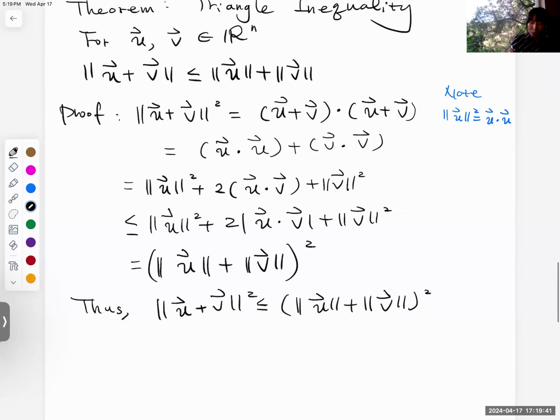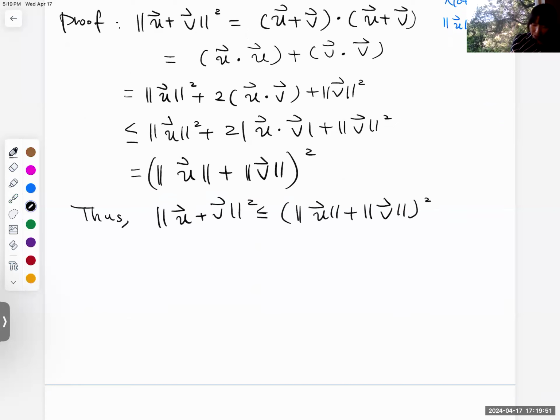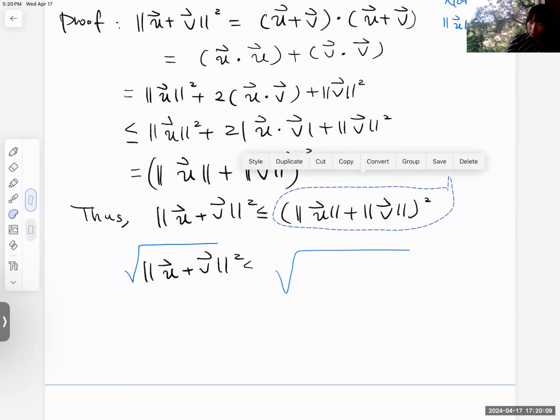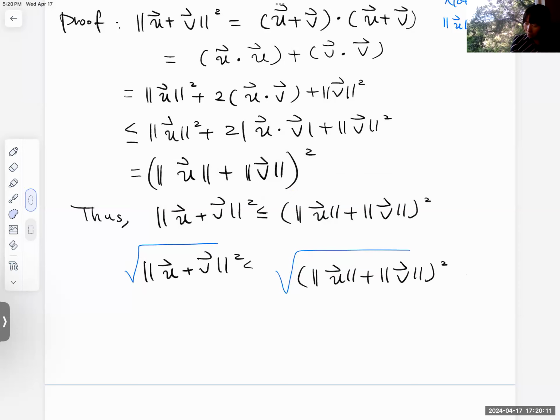Now we want to prove this one, right? So we have a square, so we take the square root of both sides. So we just make a copy. Then we get only the inside, right?